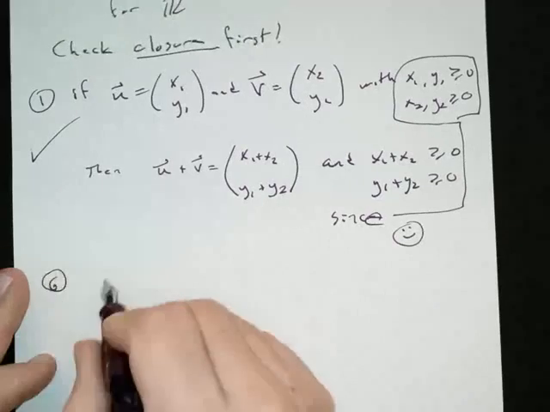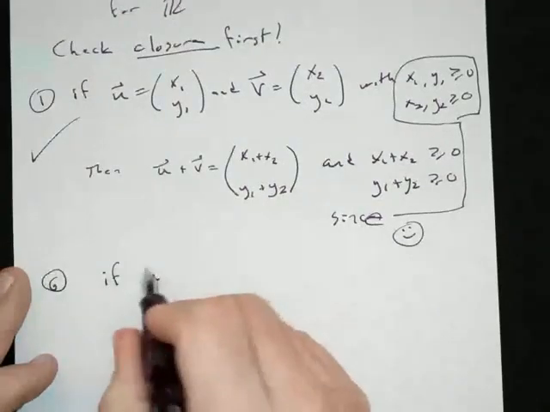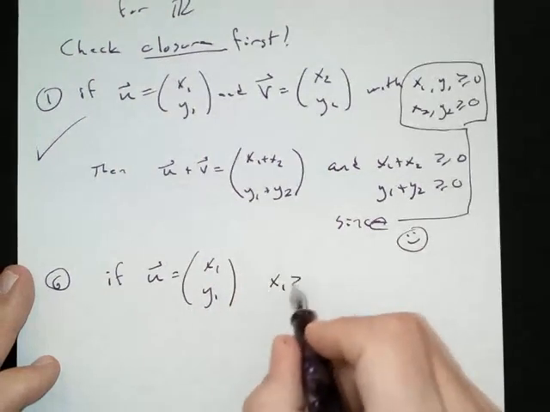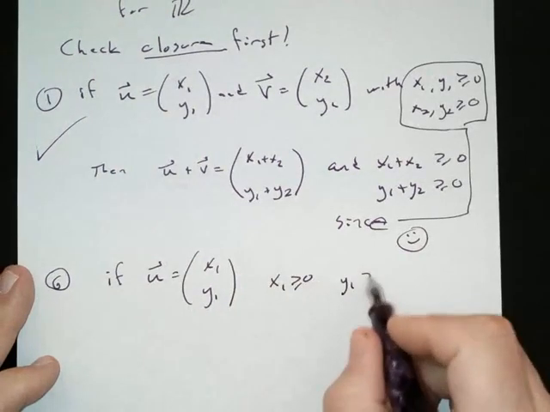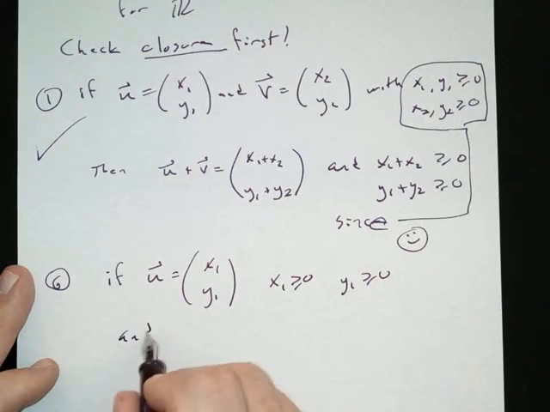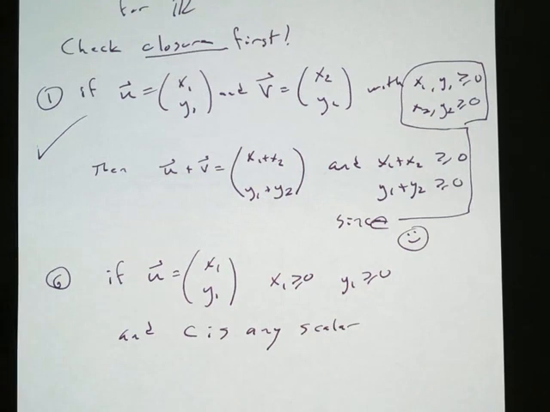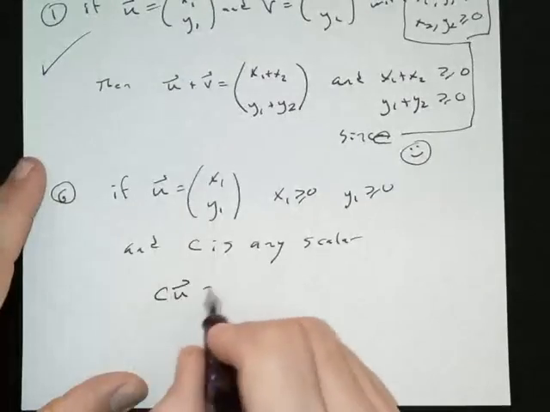What about property number 6? If the vector u is x1, y1, x1 bigger than or equal to 0, y1 bigger than or equal to 0, and c is any scalar. Remember, this has got to be true for every possible vector, for every possible scalar. What do I get when I do cu?